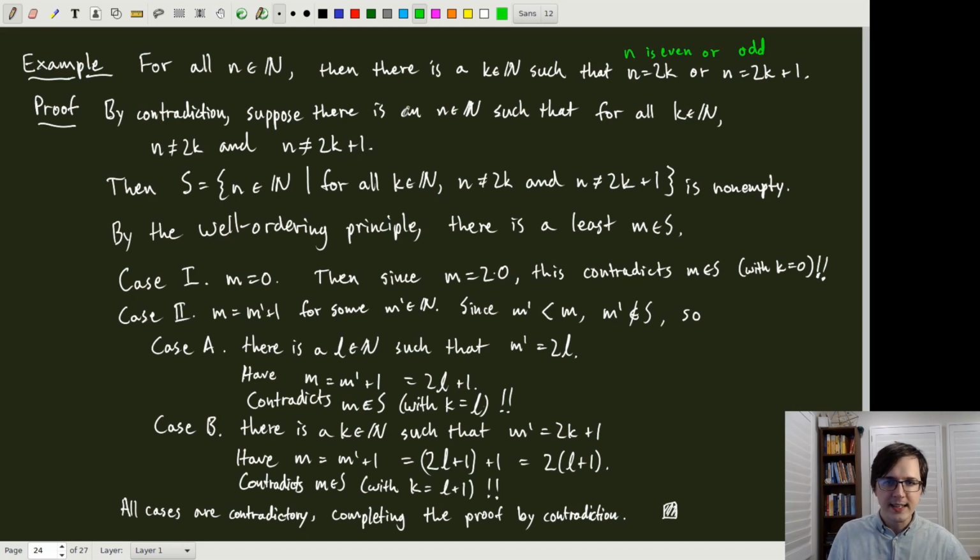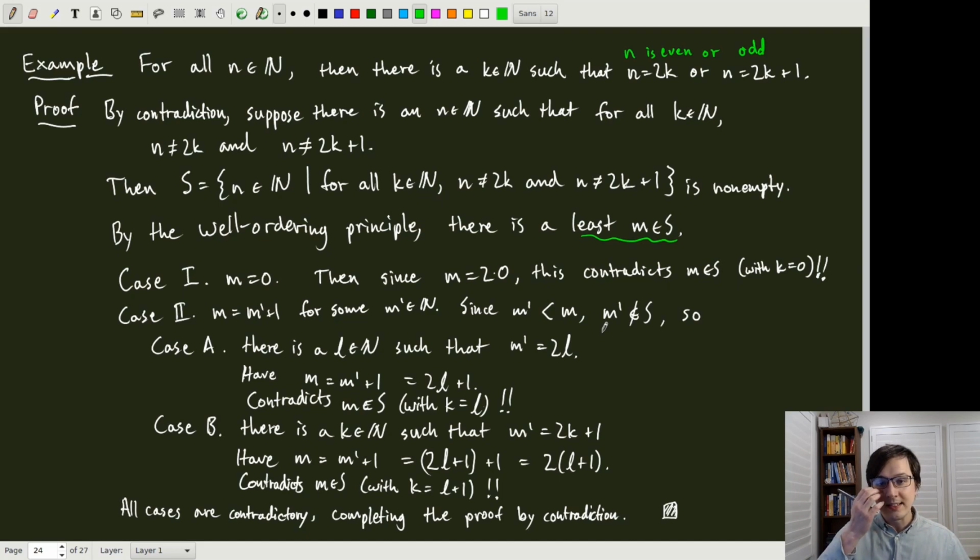Given this assumption, if we take the set of all n for which the conclusion of that hypothesis is true, then that's a non-empty set. Then we apply the well ordering principle, and so there's a least element in that set. So let M be that least element.